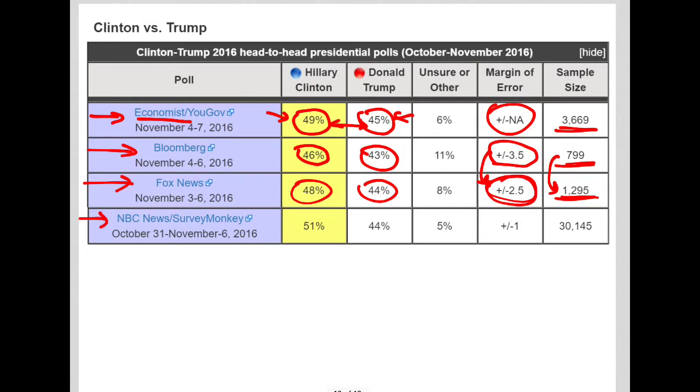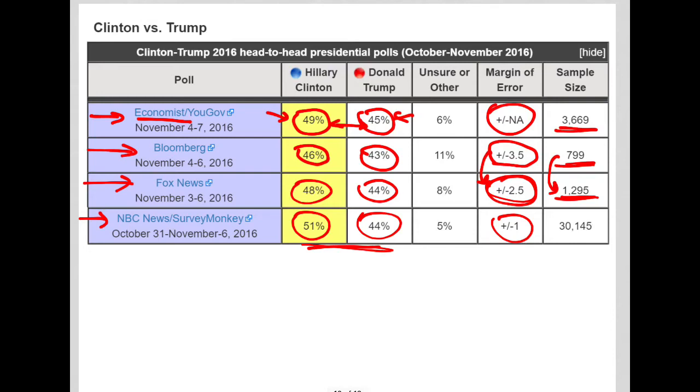And the last one, let's look at NBC News. They have Hillary Clinton at 51%, Donald Trump at 44%. Notice their margin of error is very small, plus or minus 1 percentage point. So they're thinking that their sample data of 51 and 44% is only going to be about 1 percentage point off from the entire population's feeling about the presidential election, which way they're going to go.